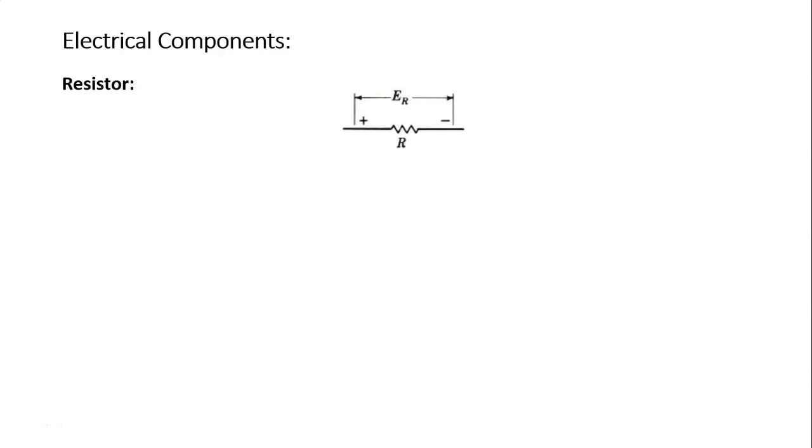This is known as the resistance or resistor R, and ER is the voltage drop across the resistor.